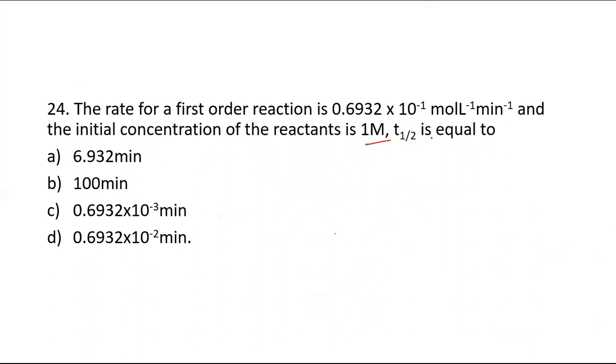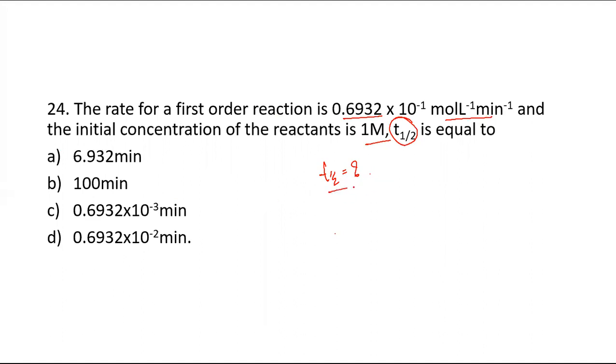T half is equal to, okay, here you can observe the unit, this is of half-life period. So T half we need to calculate and its rate is already given. Okay, the rate of the reaction is given. How to calculate the T half for 1 molar concentration of the reaction, right? So what is the formula for T half?